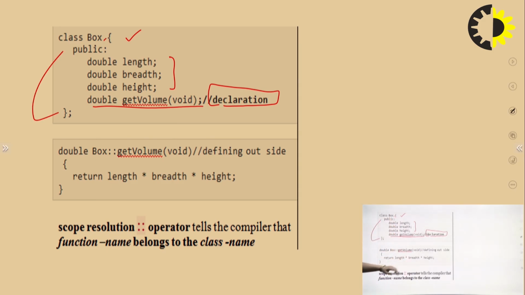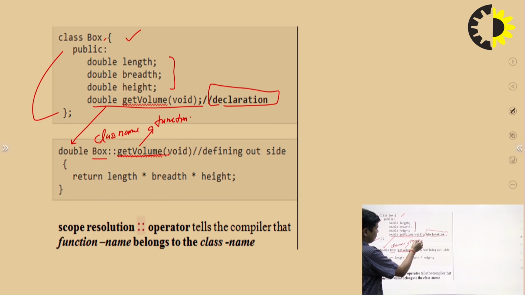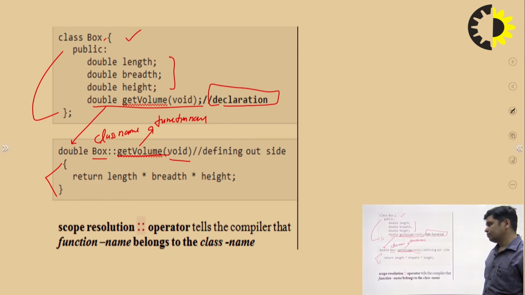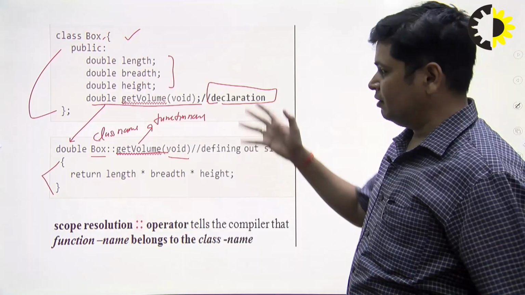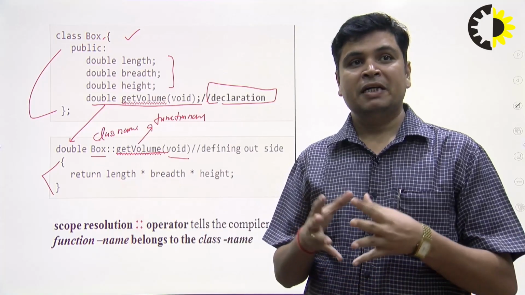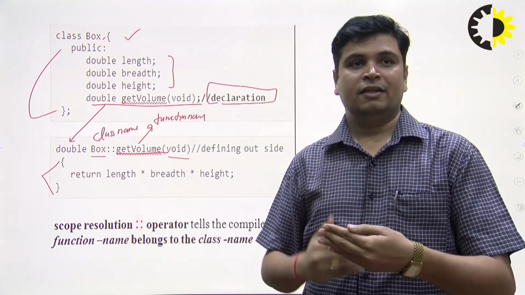Now we are going to define the return type, class name, function name, and this is the body, whatever you want to give as the body. So this is the approach for how you can define a particular method outside the class. Thank you so much.